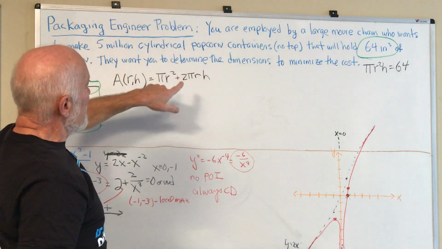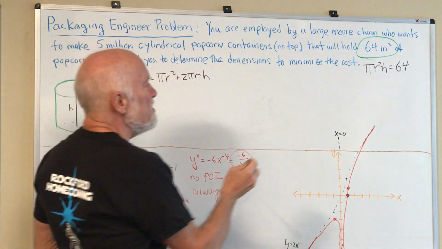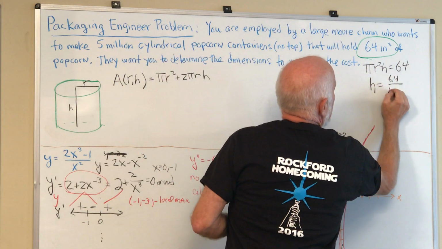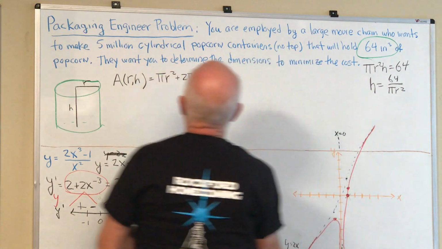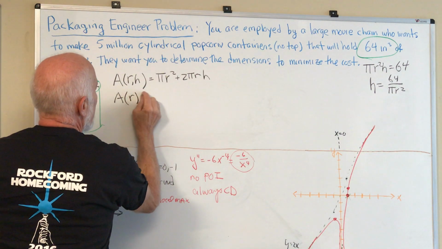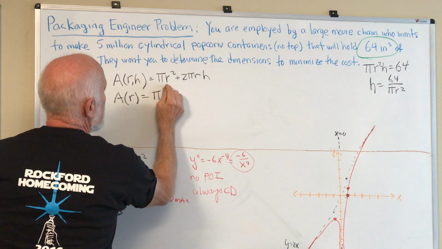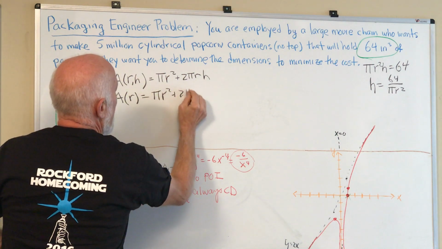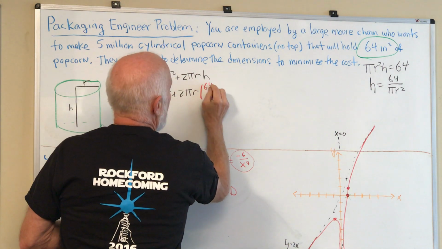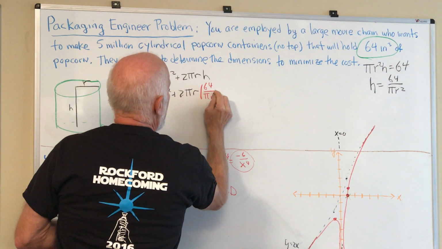But in this case, I have both of those. So I'm just going to choose to solve for h. And then I can go back and make this all in terms of r. It's pi r squared plus 2 pi r times 64 over pi r squared.